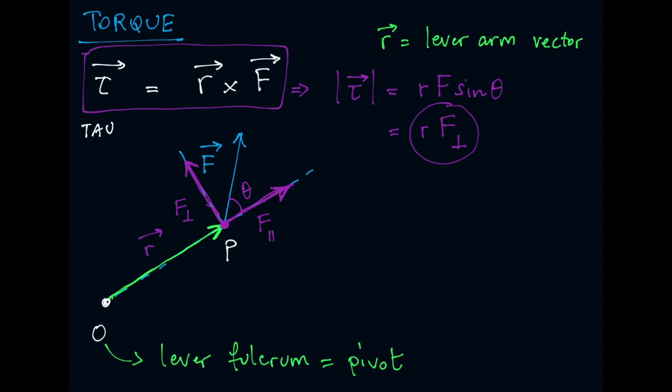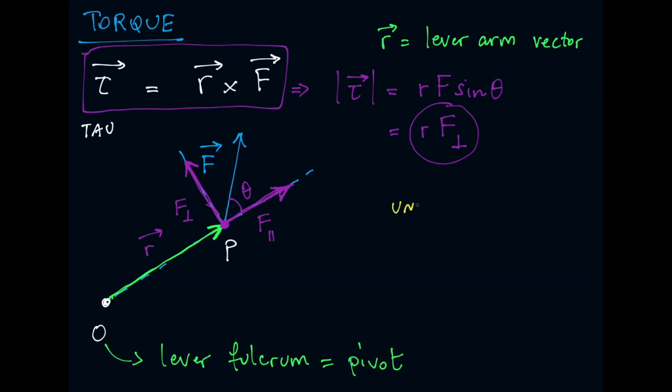But this week at least, we won't be worrying too much about the vector nature of torque, but we will be focusing on what a certain magnitude of torque implies when we do equilibrium physics, or statics.